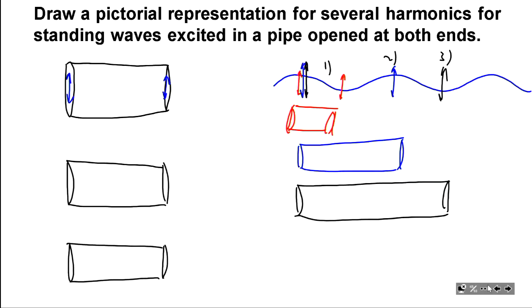For the case number 1, we have antinodes out of phase. So 1, 2, 3. Out of phase, up, down. And if it would have been a string, the snapshot could look like this.